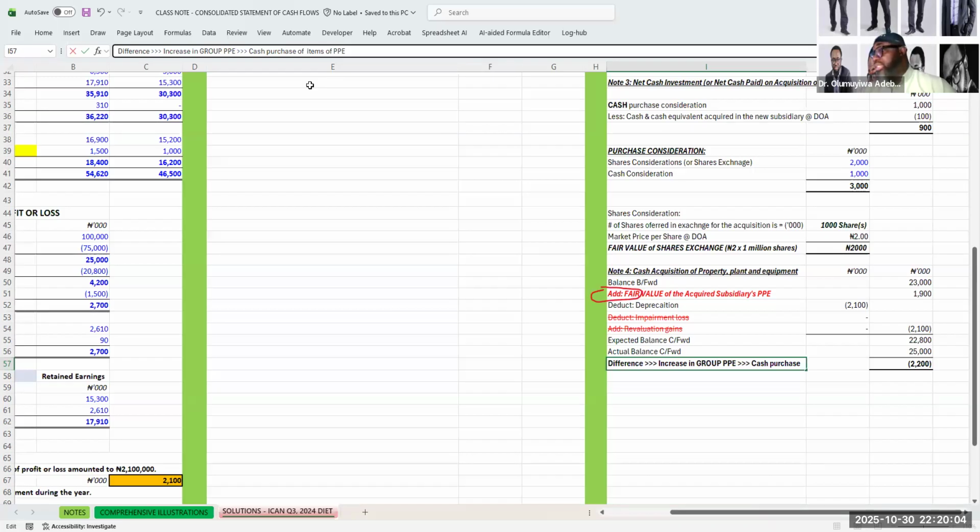Somebody said, please, under examination condition, can you use T account to express your working? You can use T account, but T account is just mainly showing that many people cram without understanding, okay, you put it here, you put it at the left, you put it at the right. No, what matters is the real understanding, because in real life, there's no T account anywhere.